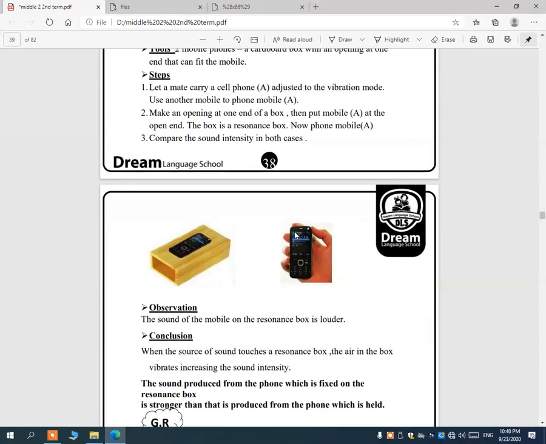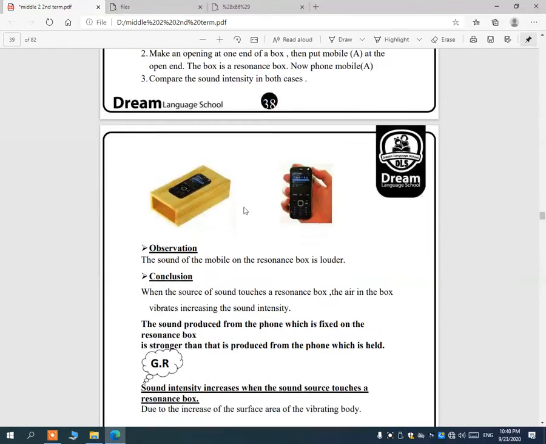Both phones are on vibration, but the sound intensity from the phone which is put on the table is stronger than the sound of vibration which is in our hands. So the phone on the table has a stronger sound.